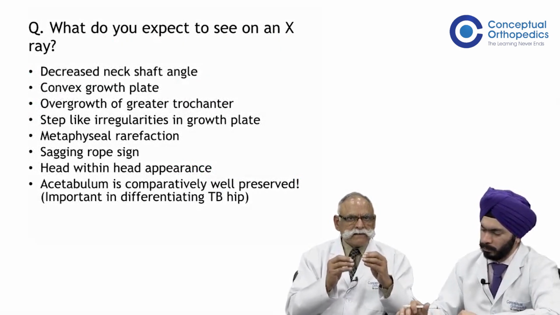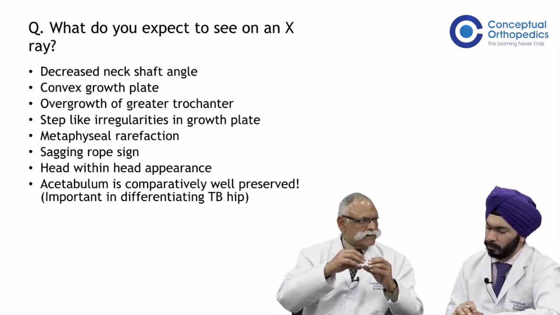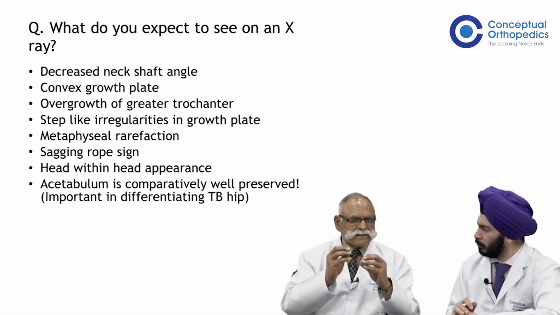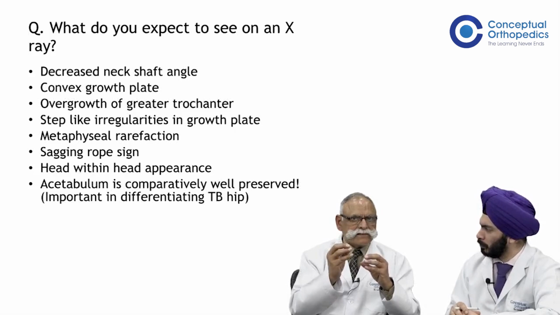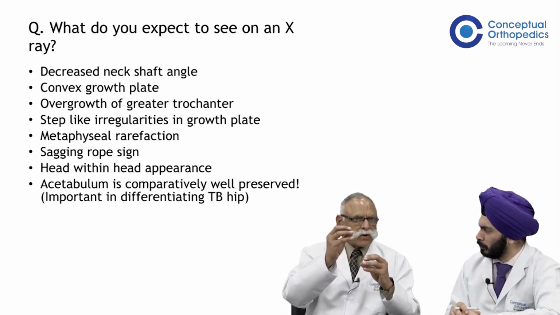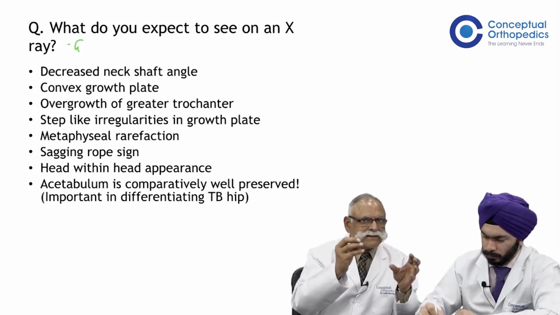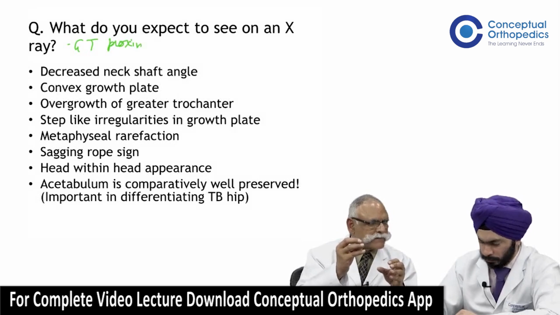And then the neck may get shortened. The greater trochanter is getting hooked up and developing proximally, much more than the femoral head and neck.